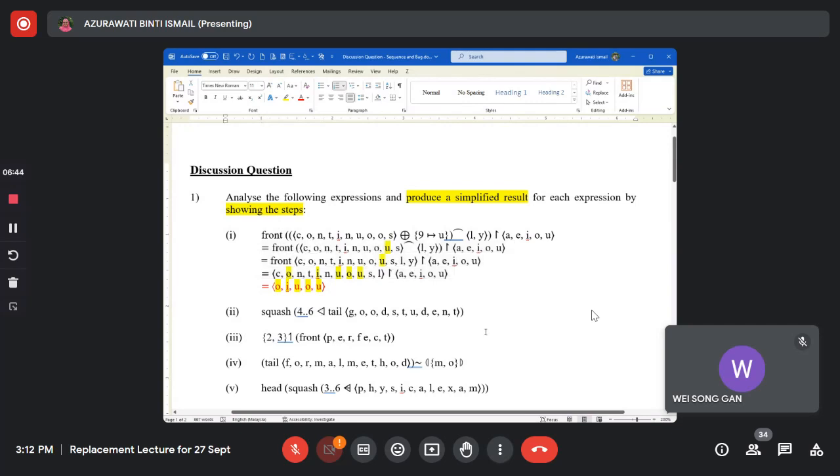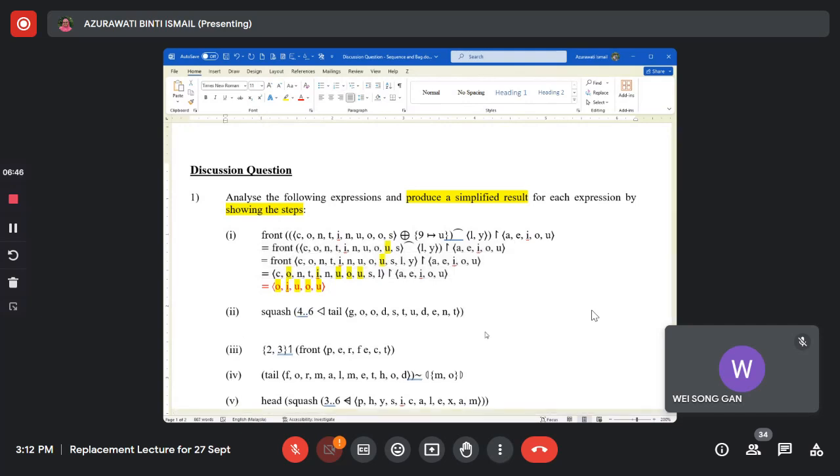Okay, the next one here is using squash operator. So first thing is, of course, you solve tail first. In this one, tail will not include the head. So this is the tail part, not including the head.